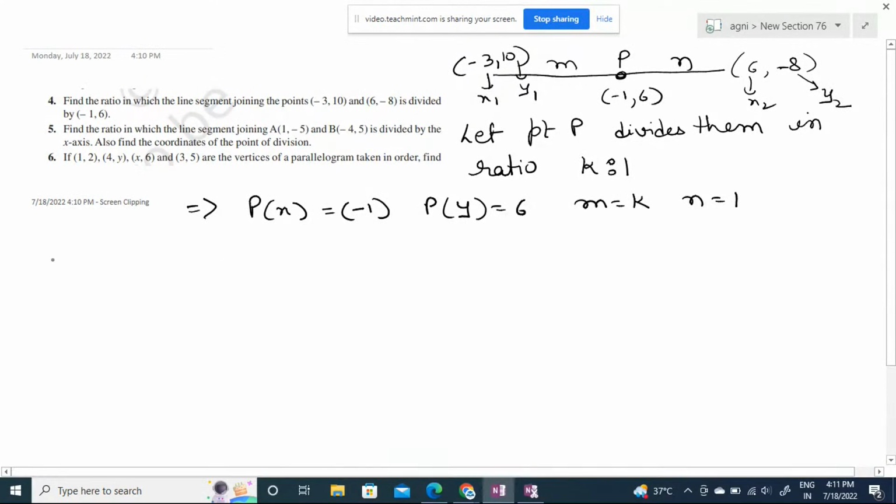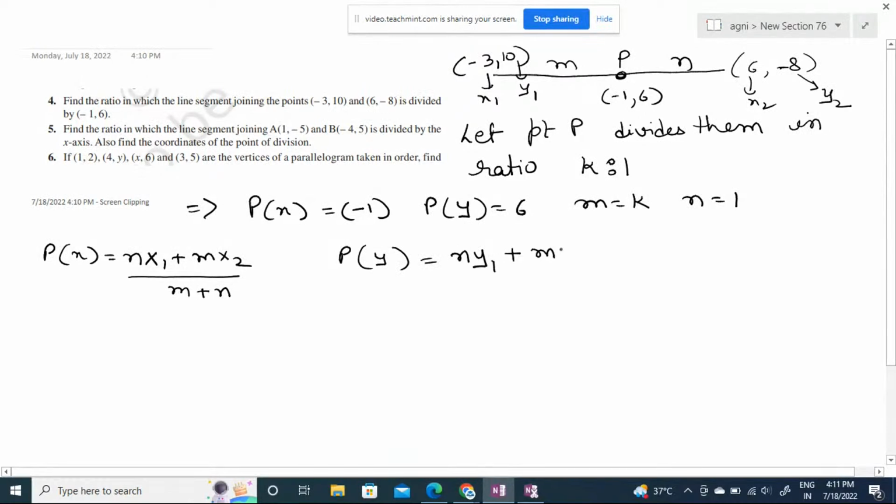Now I am using the formula: Px is equal to n into x1 plus m into x2 over m plus n. Similarly, the coordinate of y is n y1 plus m y2 over m plus n.